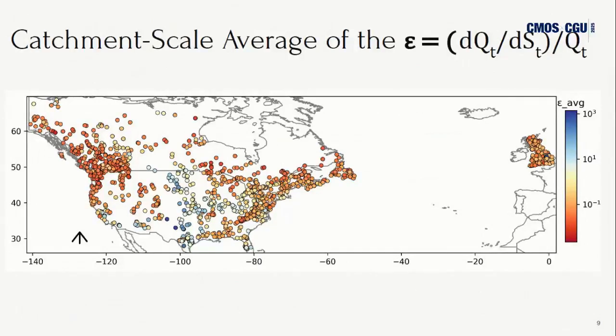We see smaller sensitivity for West Coast catchments in North America, as well as for Great Britain, but we see some larger sensitivities across arid regions, especially central regions of North America. So what is interesting here is to decode the spatial relationship that we have here.